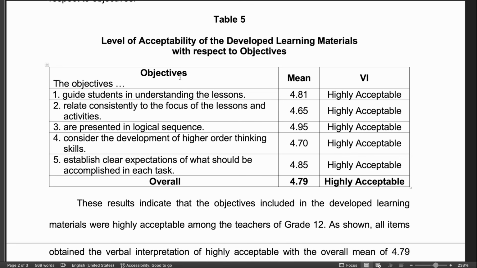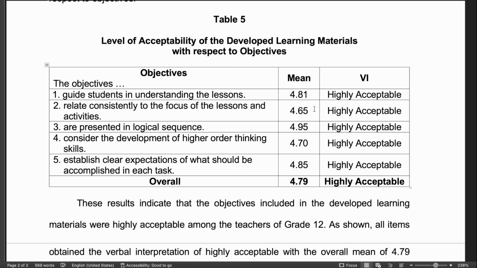Okay, so objectives. Meron ditong sentence beginning: the objectives guide, relate, are, consider, and establish. So, ito yung mga nilalaman na items. 1, 2, 3, 4, 5. May 5 items. So, alin nga ba dito sa 5 items under objectives ang may pinakamataas?